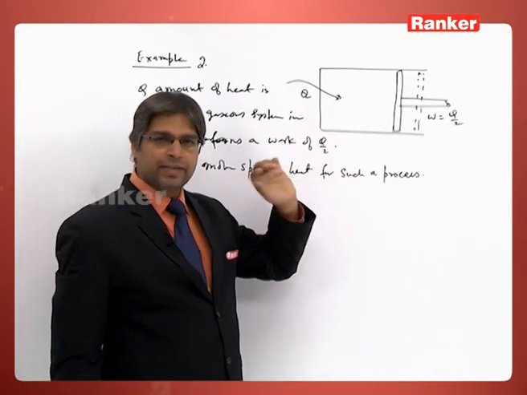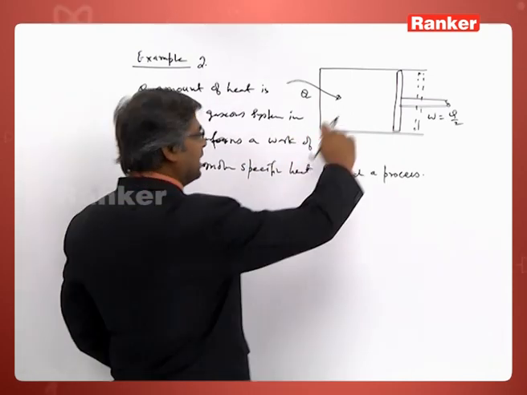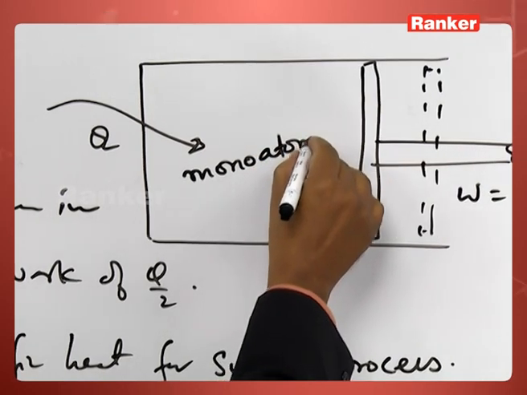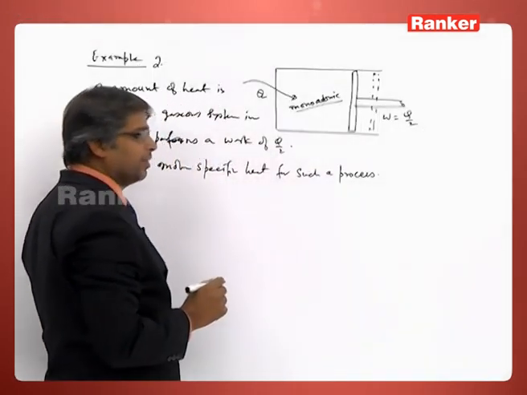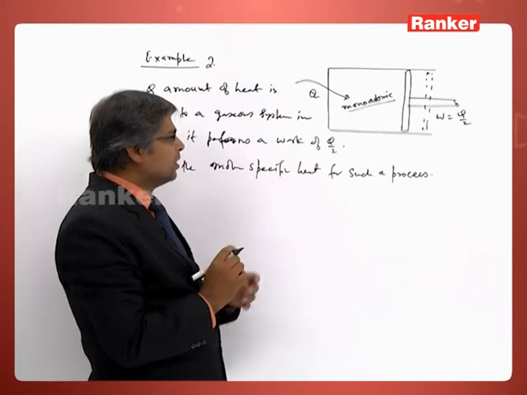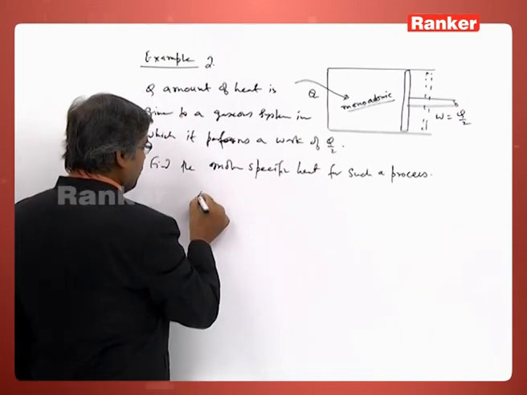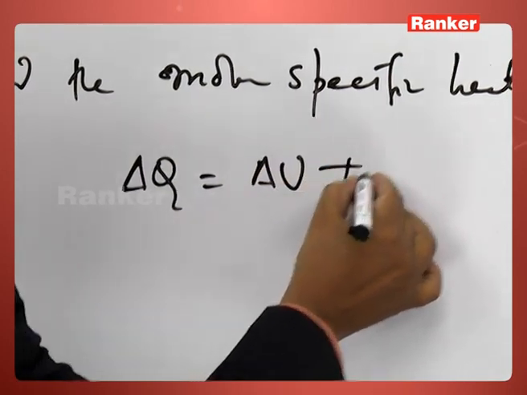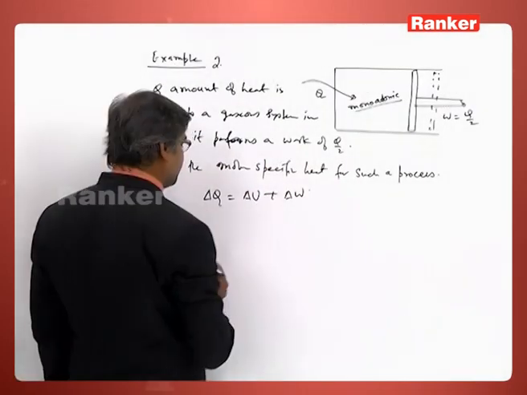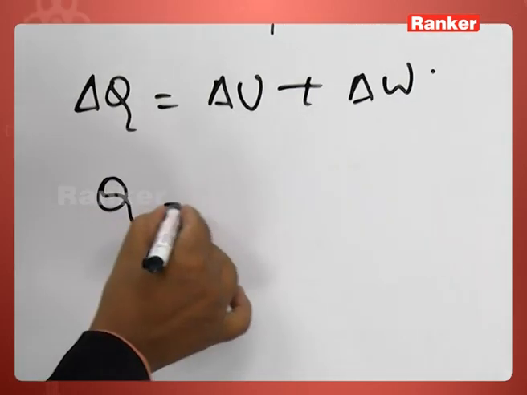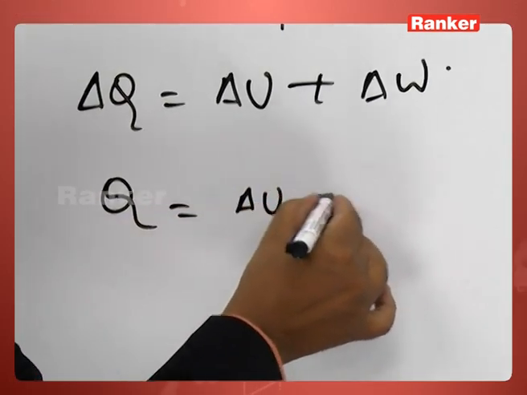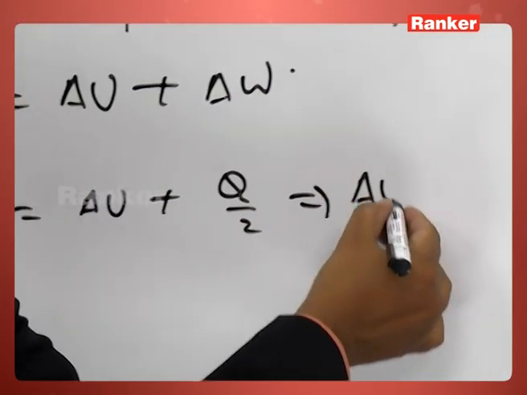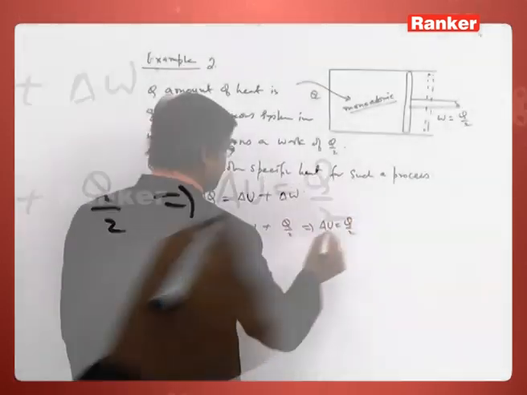If we are interested, we can assume a monoatomic gas inside it. Suppose it is a monoatomic gas. So its CV is now known. The first law tells that delta Q is equal to delta U plus delta W. It is given as Q, and delta W is given as Q by 2, which implies delta U is equal to Q by 2.